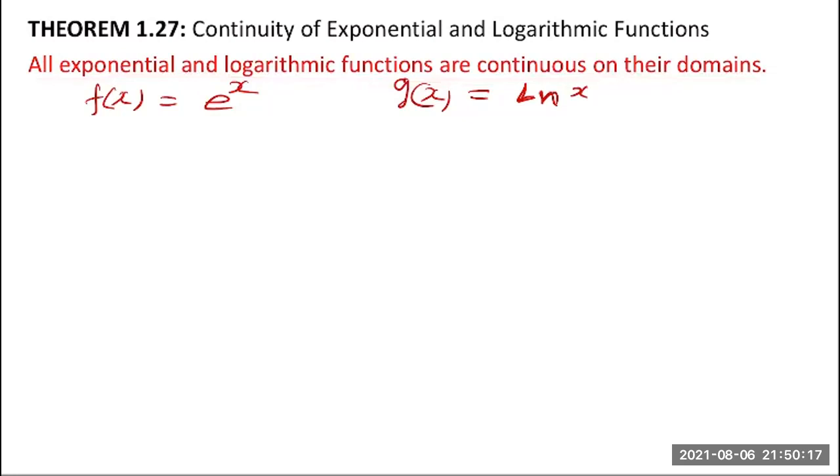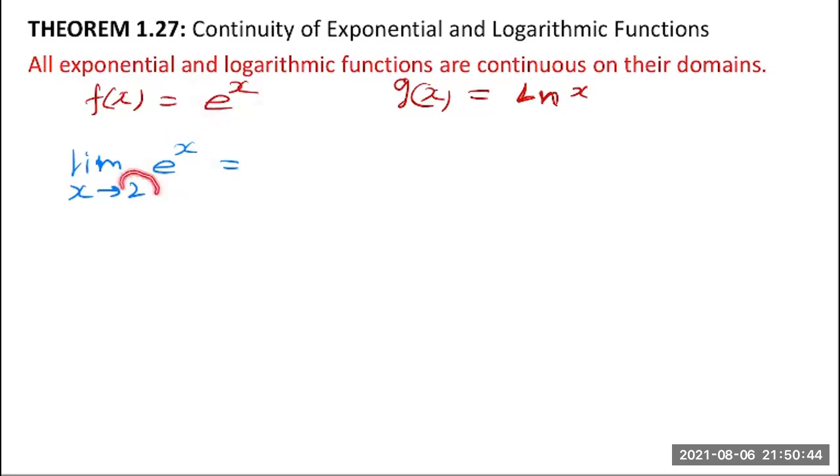What is the importance of this theorem? This theorem is very important in finding limits. Suppose you are asked to find the limit as x approaches 2 of e to the power x. How do you find this limit? You can use this theorem. By this theorem, you know that the exponential functions are continuous on their domain.